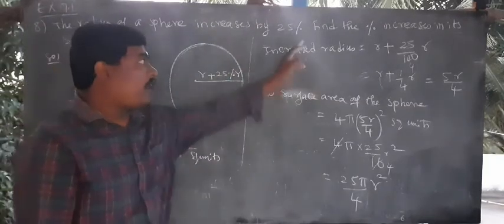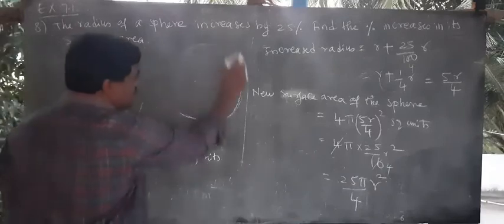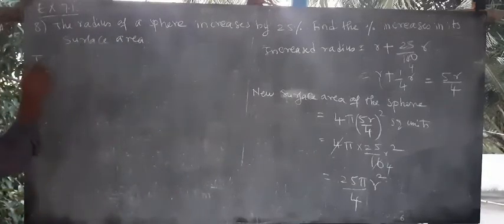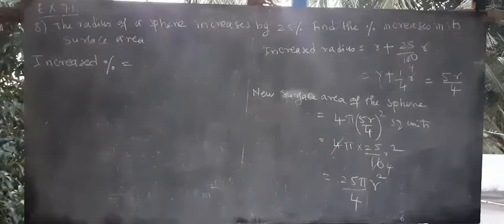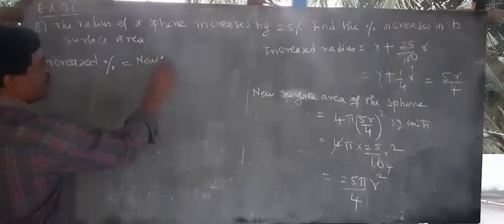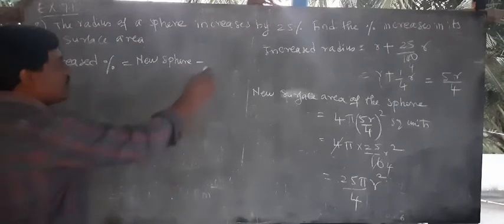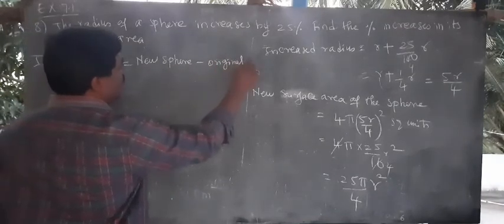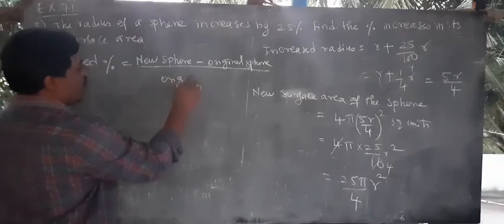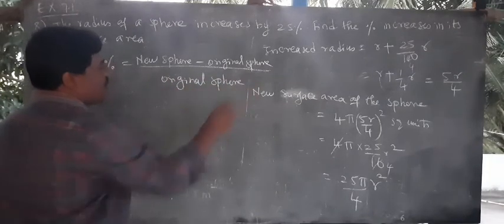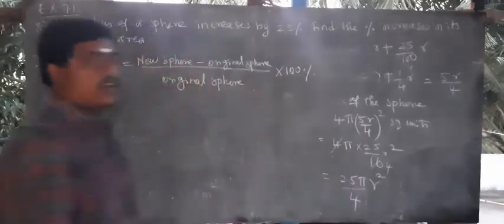But what they are asking is to find the percentage increase. We need to find the percentage. So the increased percentage is new surface area minus original surface area, by original, into 100%.